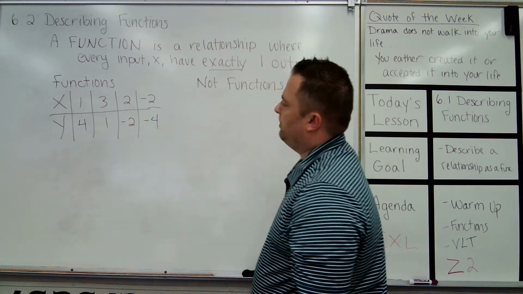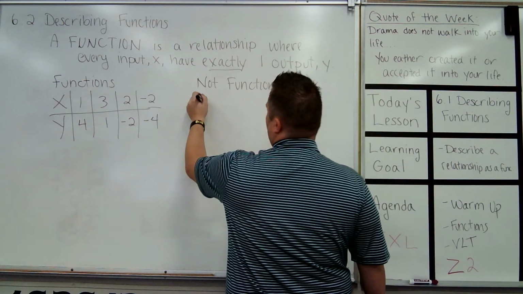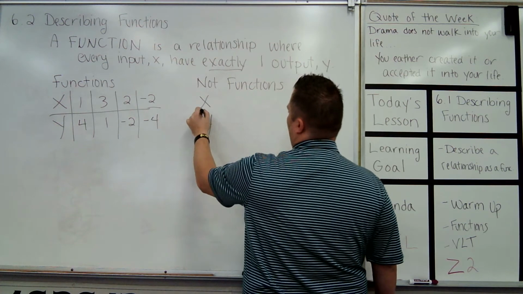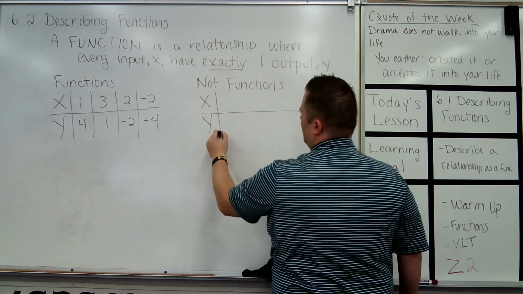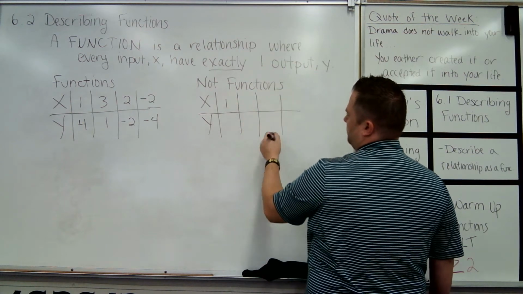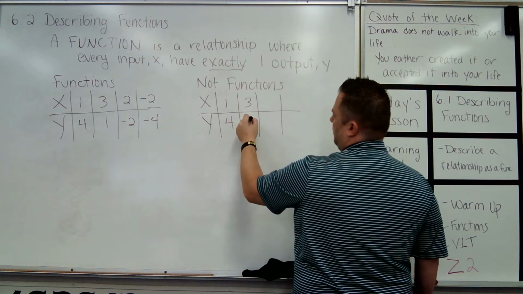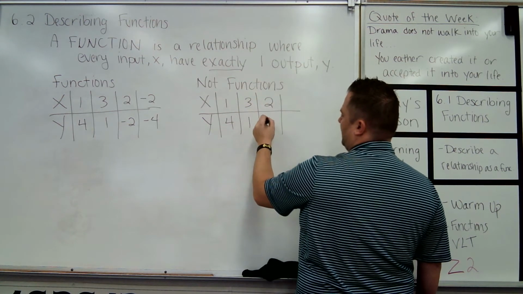I made those numbers up. They're irrelevant. An example of a non-function would be x and y. We have 1 and we have so much space here. 1 produced a 4, just like it did before. 3 produced a 1. 2 produced a -2.